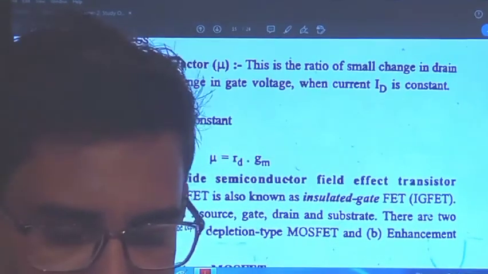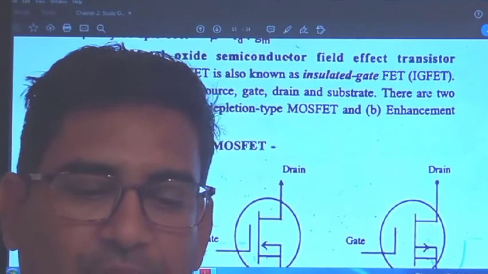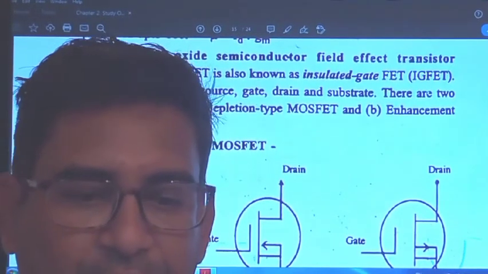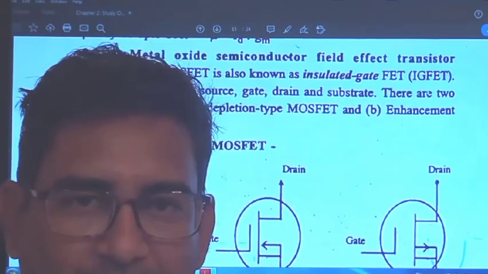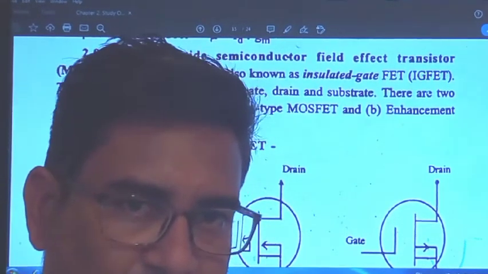Then the metal oxide semiconductor field effect transistor. Here also only one element is added, that is an insulated gate. IGFET, insulated gate field effect transistor.